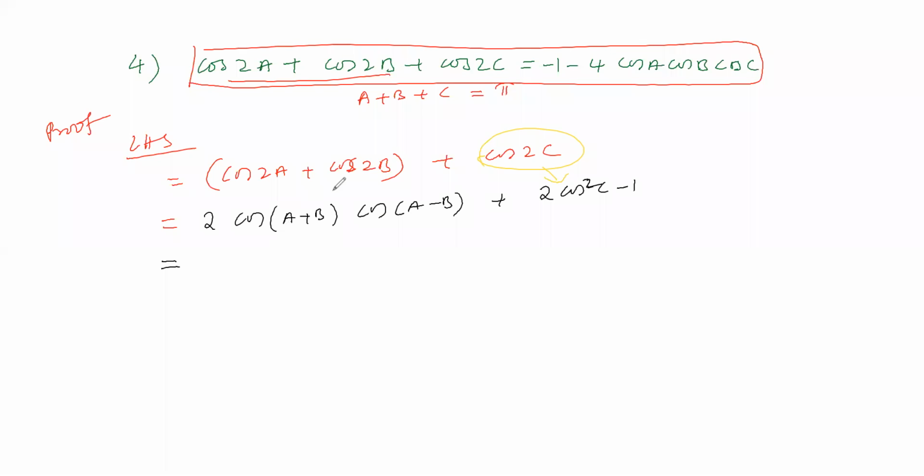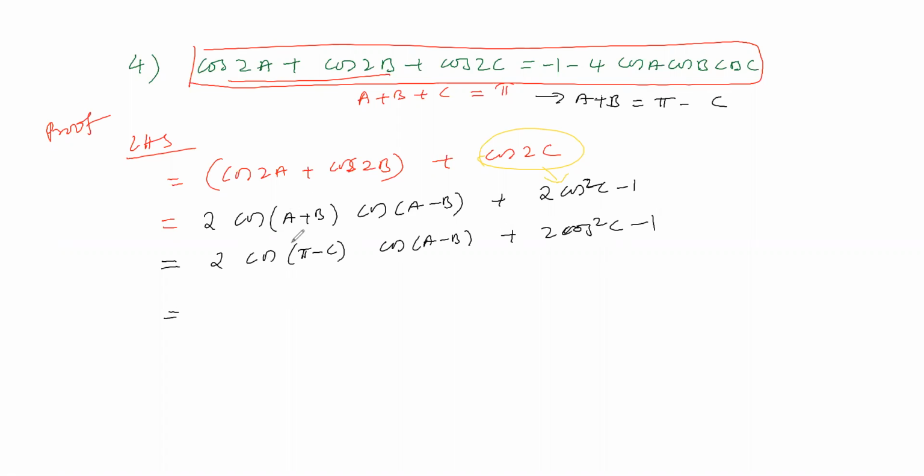From A plus B plus C equal to pi, in place of A plus B we can write pi minus C. So this is cos (pi minus C) into cos (A minus B) plus 2 cos square C minus 1.